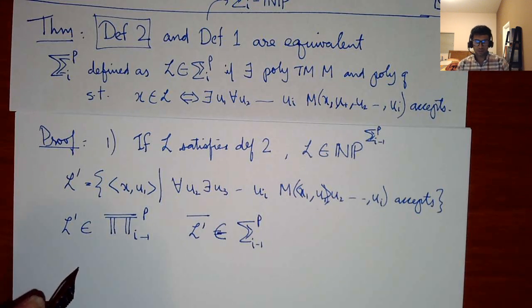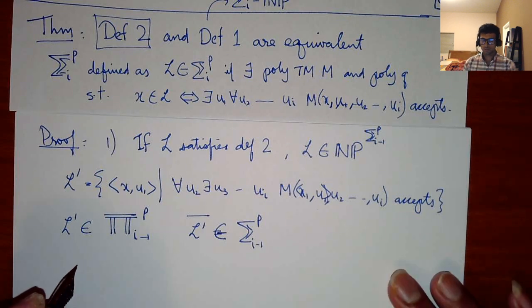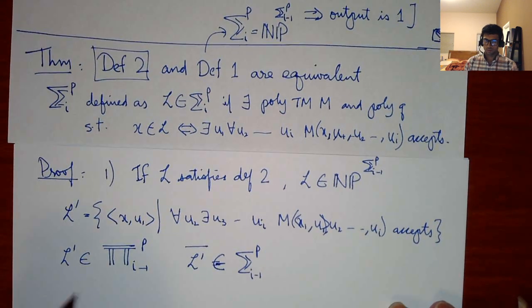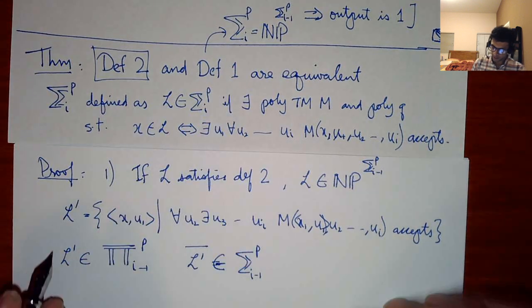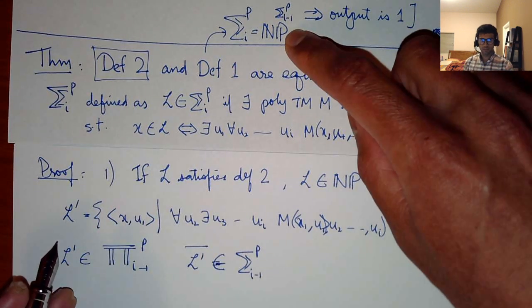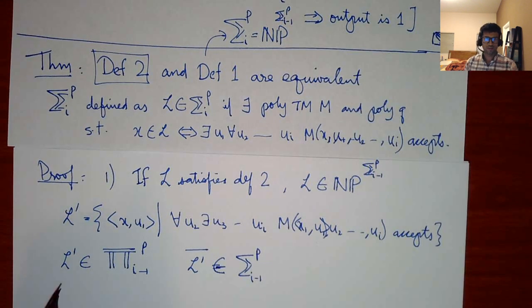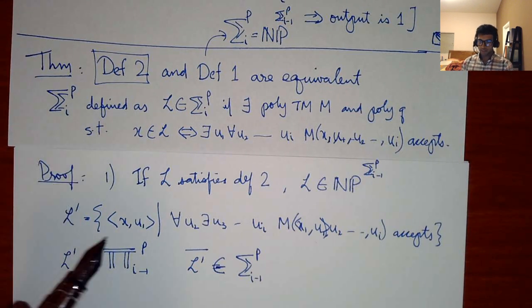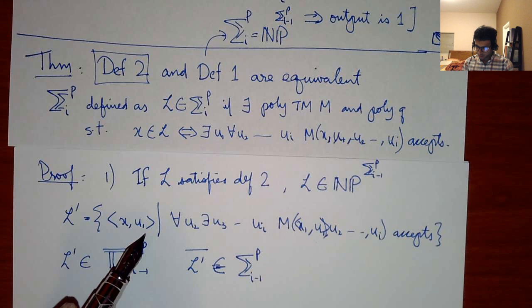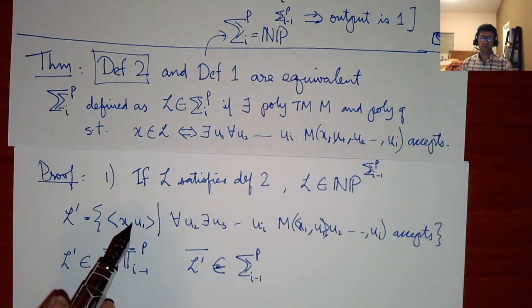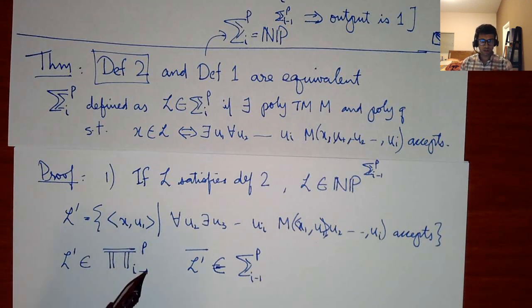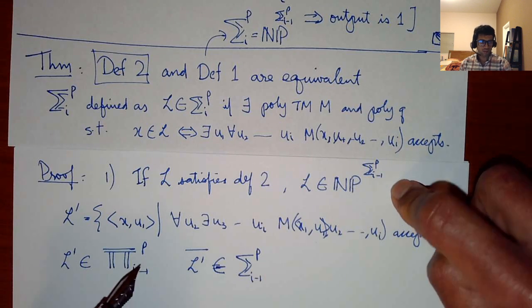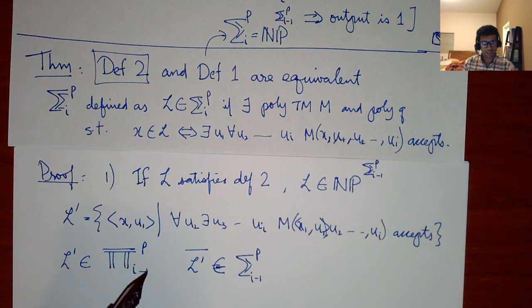Right, so now let me show you why L is in NP to the sigma I minus 1. Because if you want to define an NP machine for L, the NP machine would guess u1 and just query whether this is in the language or not. Remember that when you have an oracle, having an oracle to the complement language and to the language are the same thing.